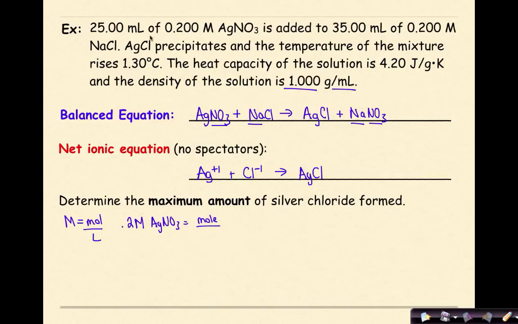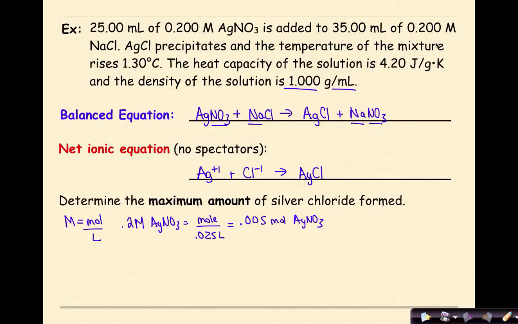And I'm in 25 milliliters of solution, so I'm going to convert that into liters. That's going to be 0.025 liters. And if I work that out, I am going to find that this is 0.005 moles of AgNO3.